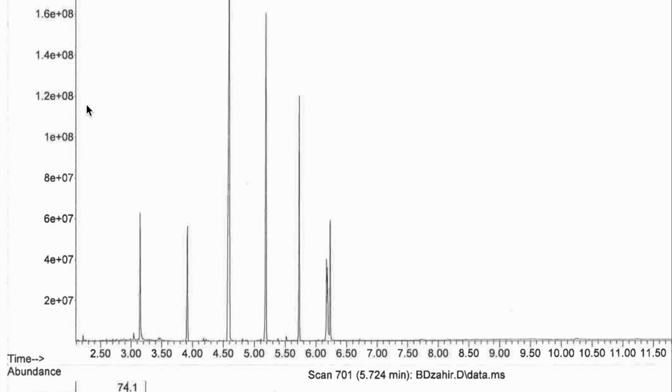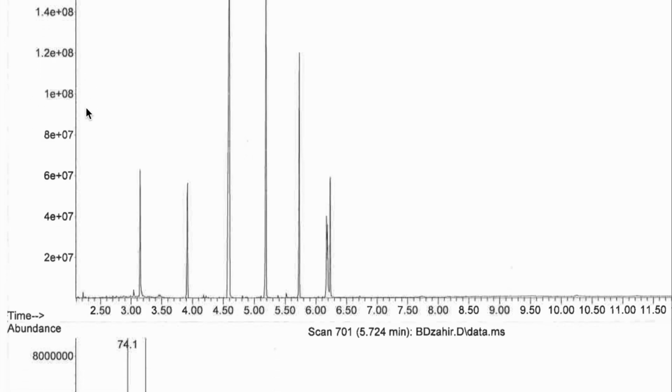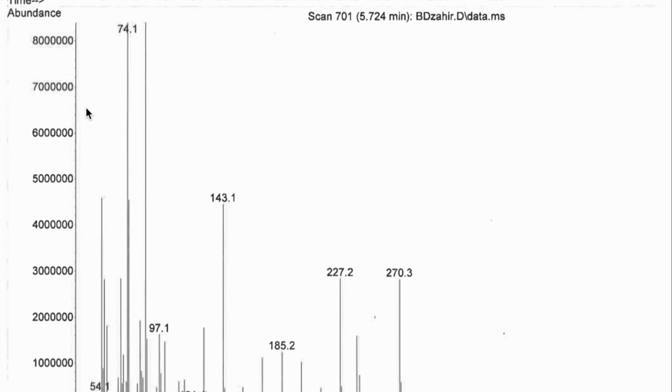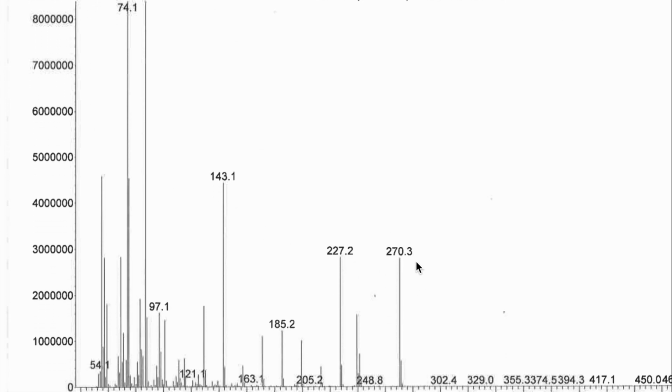Some of them are the methyl ester that has not broken into pieces, and some of the things hitting the detector are the methyl ester breaking into pieces because it's being bombarded with a stream of electrons, and that is very high energy, and not all the molecules stay intact in this process. Some of the molecules are staying intact. The highest mass that's detected is the entire molecule weighing 270.